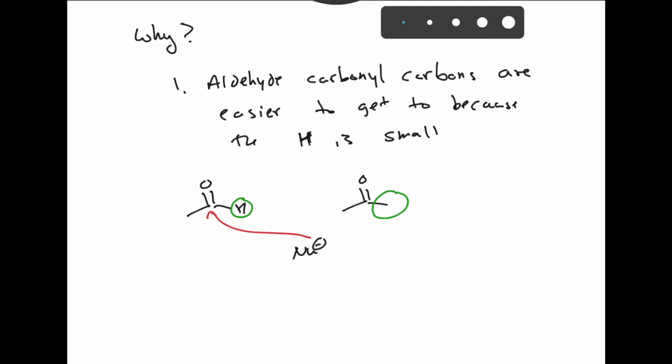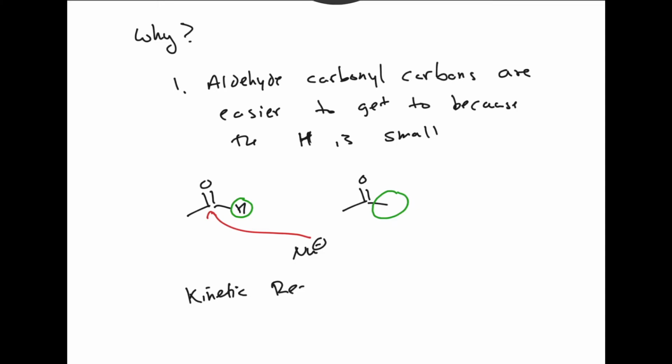It's not super intimidating. This is a kinetic argument. This is based on how fast the reaction happens, how easy it is for the reaction to occur. So this is based on rates, on how quickly the nucleophile can add to the carbonyl carbon. And it can add to the aldehyde carbonyl carbon faster because it's easier to get past the hydrogen. There's another argument that deals with stabilities, and that's a thermodynamic reason.